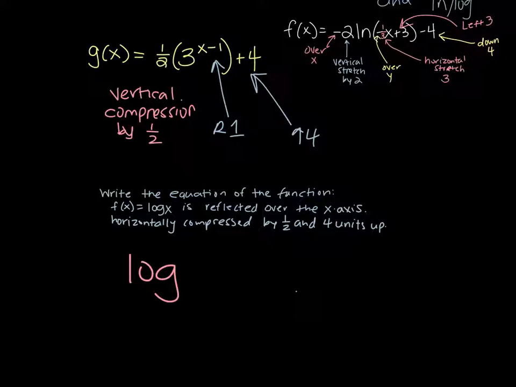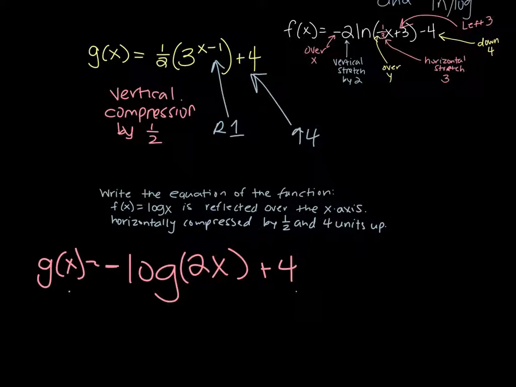So this would be a negative, no, just kidding. Over the x, I'm saying over the y. Negative in front. Okay? Compressed by a half horizontally, which means what? It's inside the parentheses, and it's actually 2x, right? You always do the reciprocal. And then 4 units up means plus 4 at the end. So this would be my transformed function, okay?